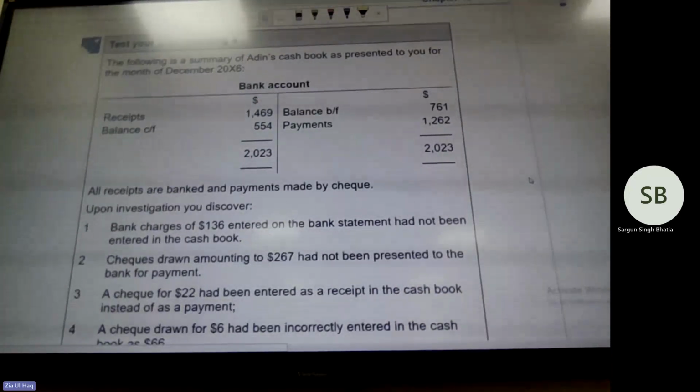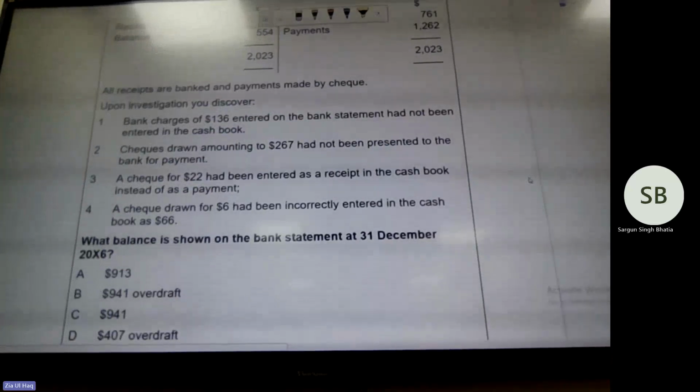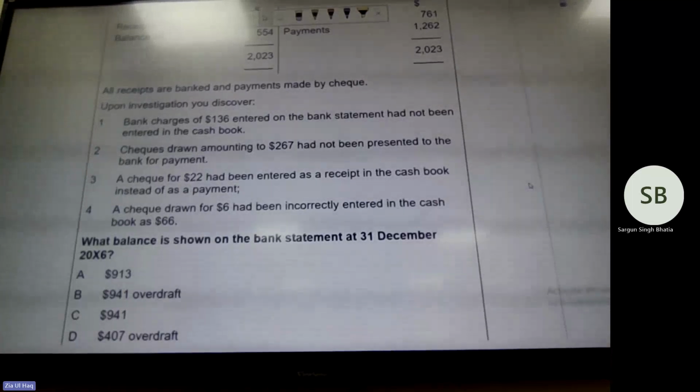What is the balance shown on the bank statement at 31st December? We need to identify what balance should be there in the bank statement at 31st December.